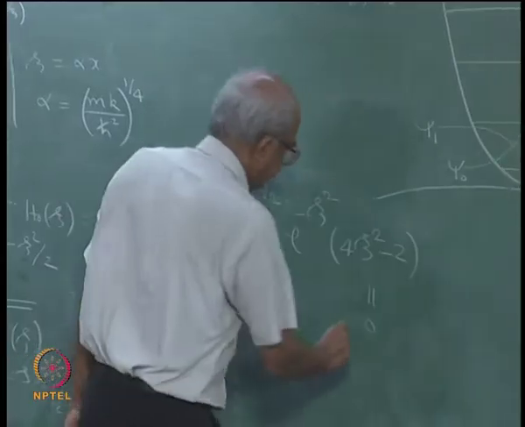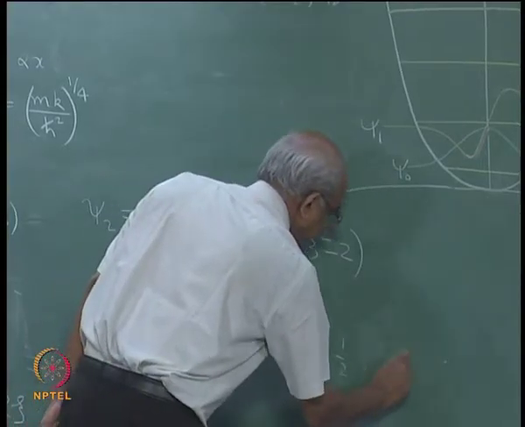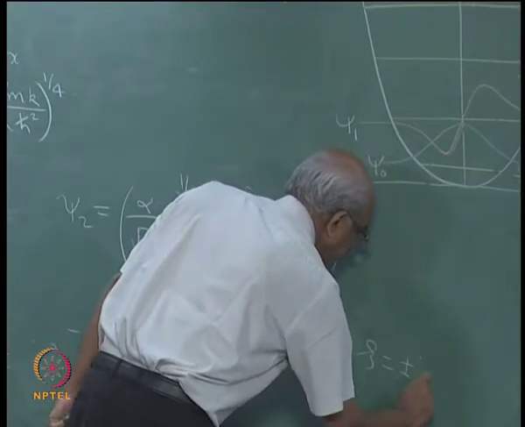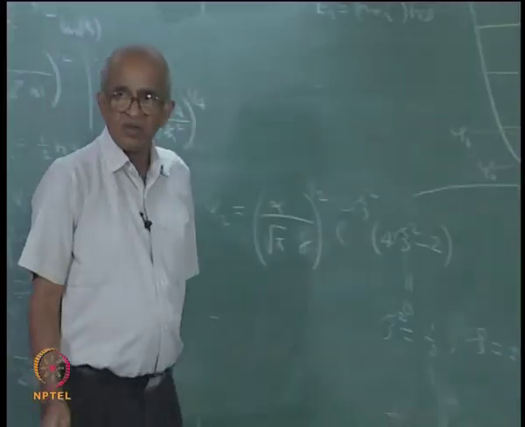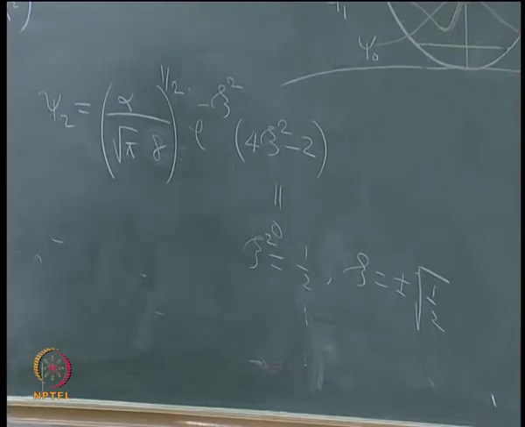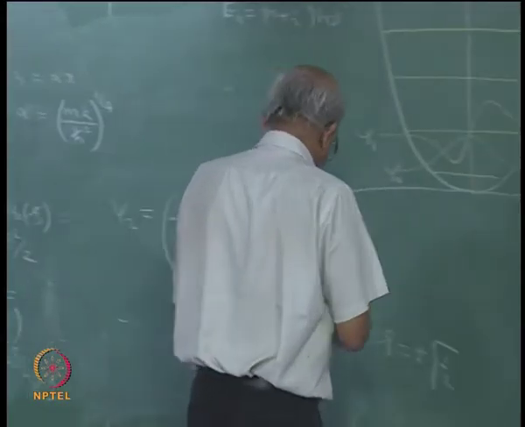So, when does that happen? That happens when c square is equal to 1 by 2 or c is equal to plus or minus 1 by root 2. There are two nodes. This is something that we would have expected. So, how will the function look like?